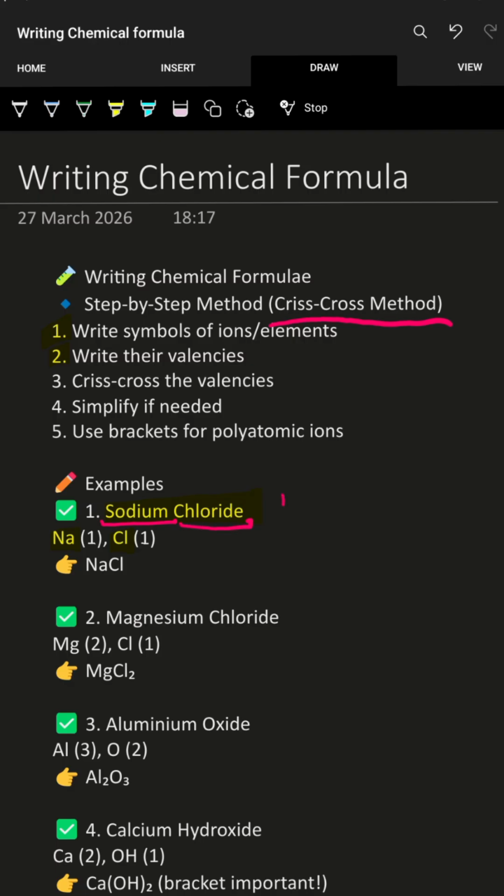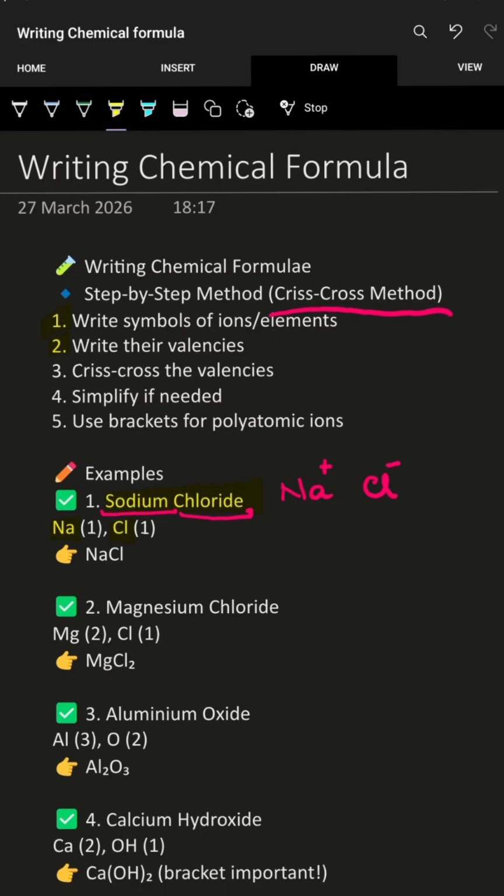So sodium, the positive ion, is Na along with the charge plus. Chloride, Cl, along with the charge minus.